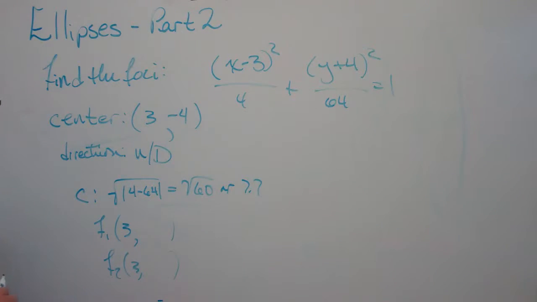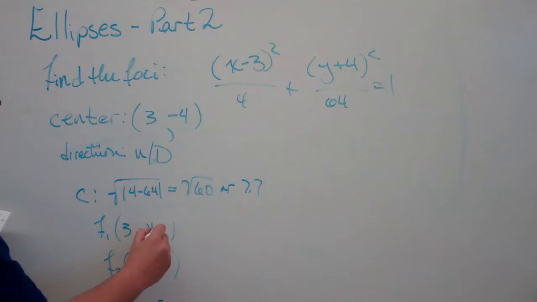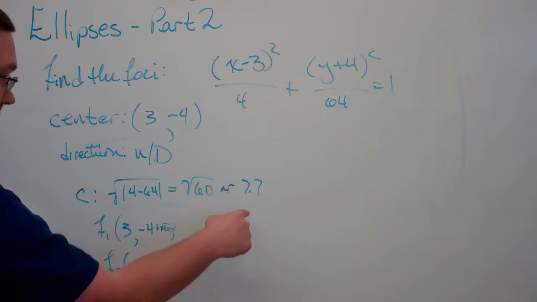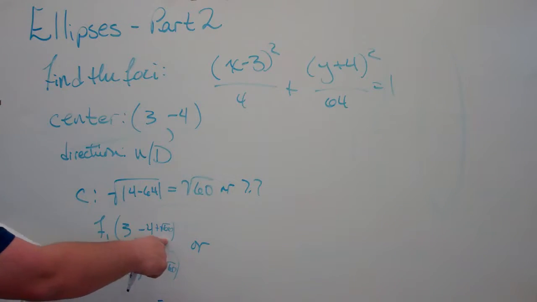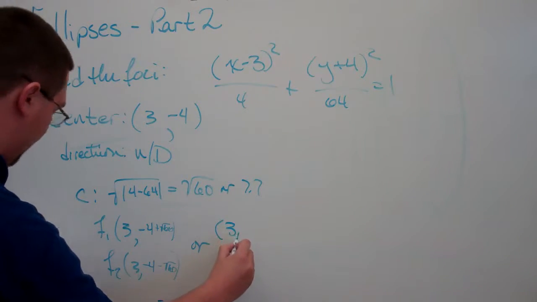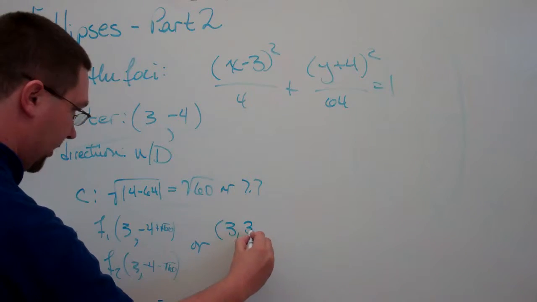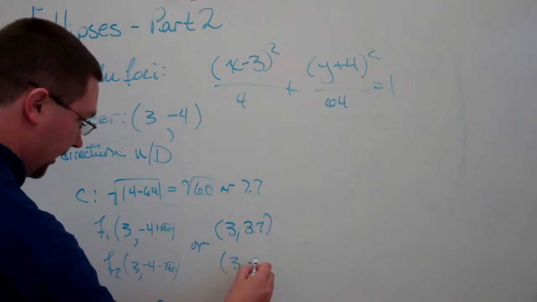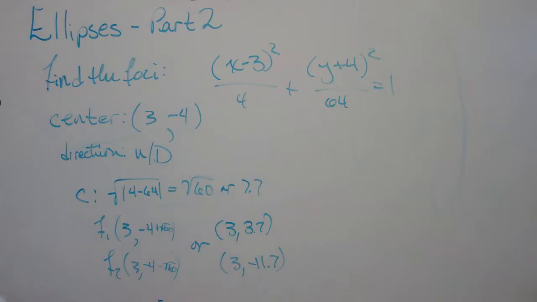Now, here's what we can do. We can either do -4 plus the square root of 60 and minus the square root of 60, or we can put in 7.7 for the square root of 60 and say 3, 3.7 and then 3, -11.7.